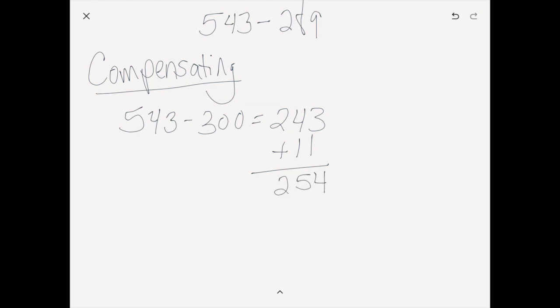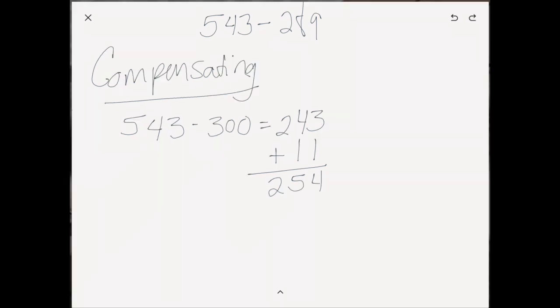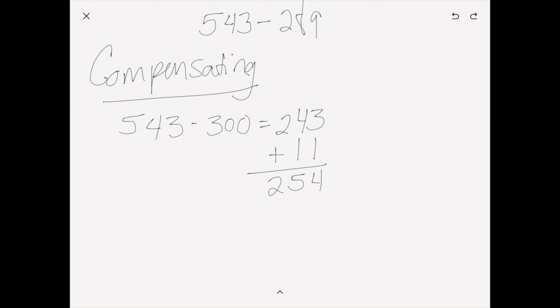I also really like not just putting it into a context, but creating a visual image that goes with it. So a number line for me is really helpful on this one. You may want something different, but if I'm at 543 and I subtract out 300 from that, I know it's going to get me to 243. But I wasn't supposed to subtract 300.